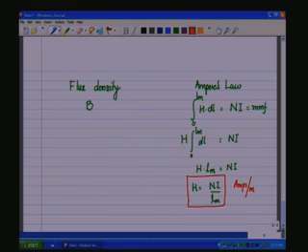Now as I was saying here, B is the flux density. There is a magnetic flux phi per unit area, the cross section area of the core through which the flux is flowing.